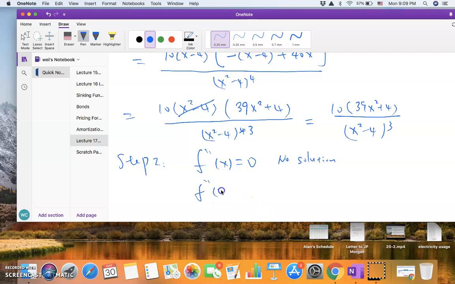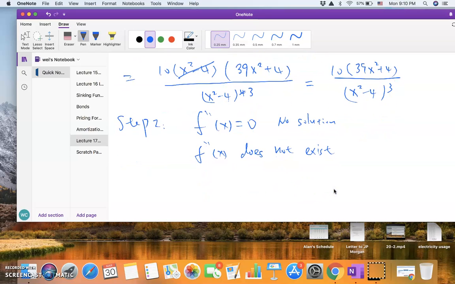And then we want to consider when does the second derivative not exist. To consider when the second derivative does not exist is equivalent to look at when the denominator is equal to 0. And the denominator is 0 when x squared minus 4 is 0.